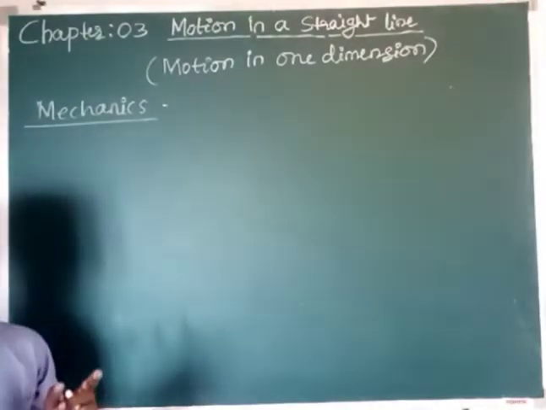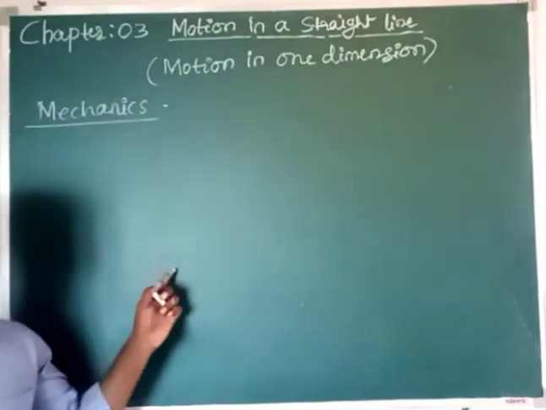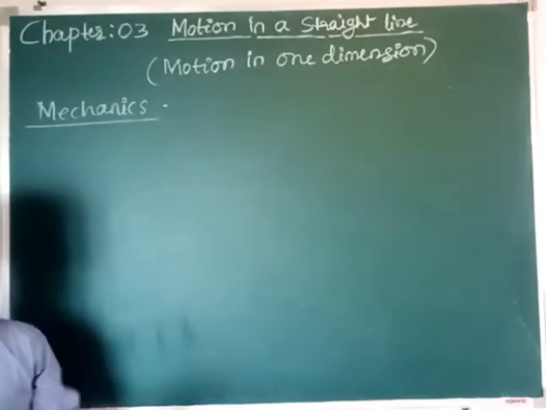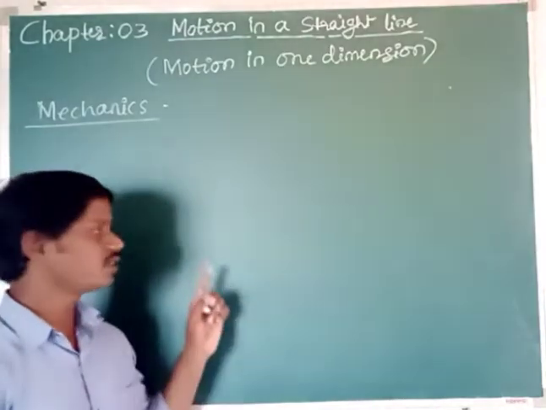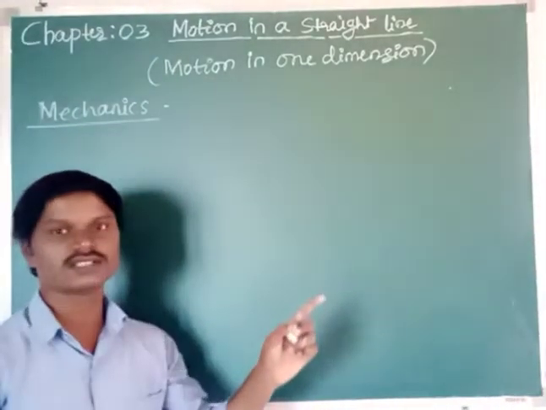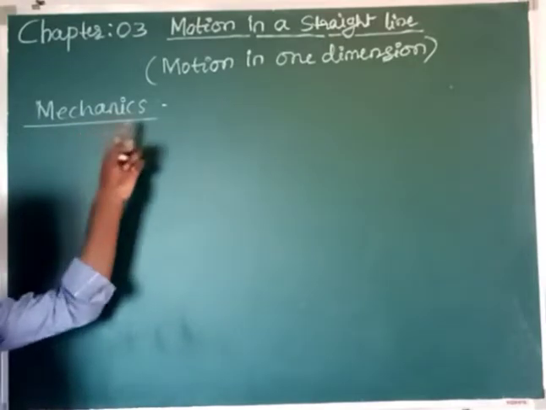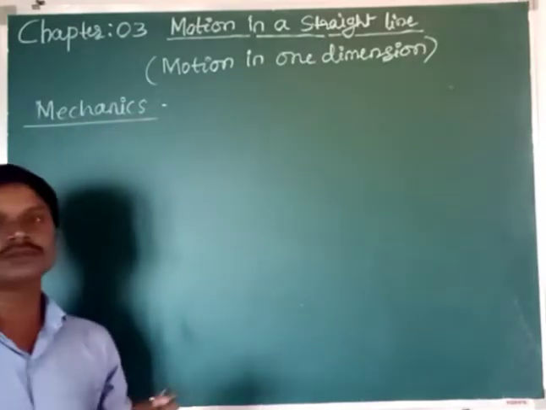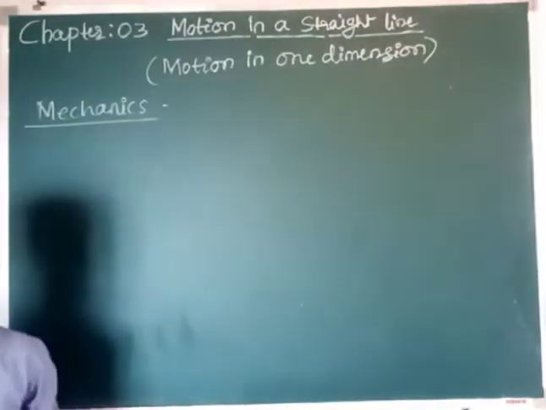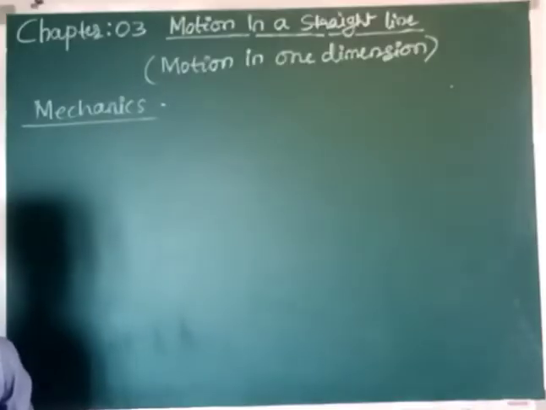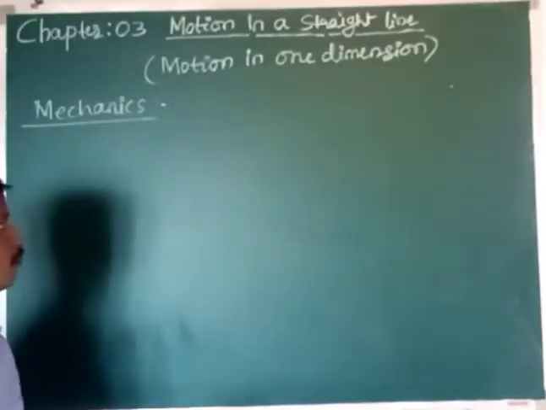So if we are going to study of the object is at rest, that branch is called statics. If we are going to study about the object is in motion, that branch is called dynamics. Means the mechanics can be further divided into two parts, two branches. What are those branches here? Statics and dynamics. See here.